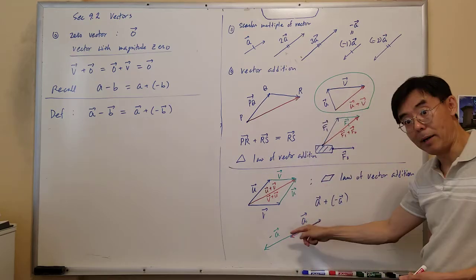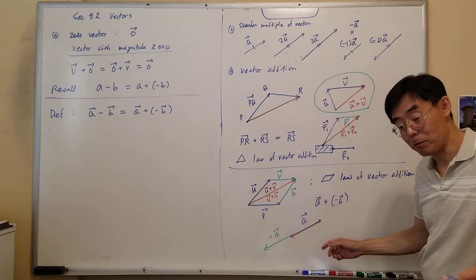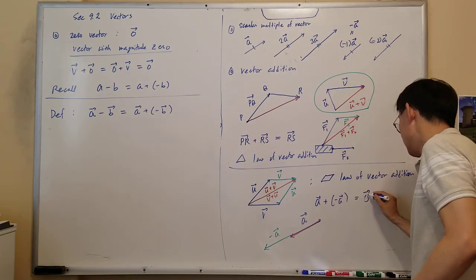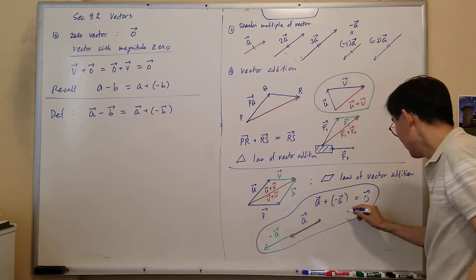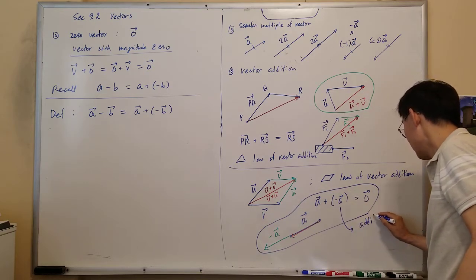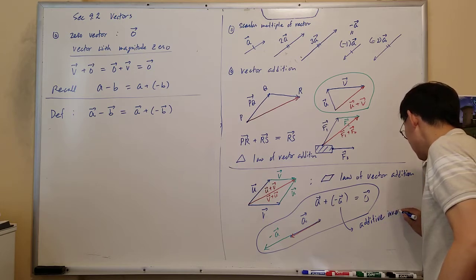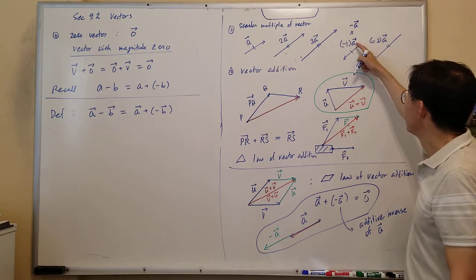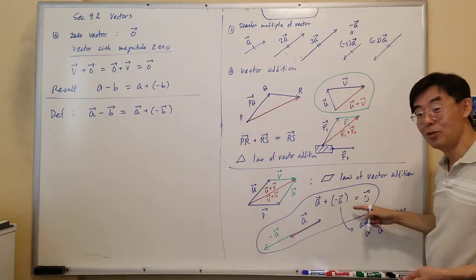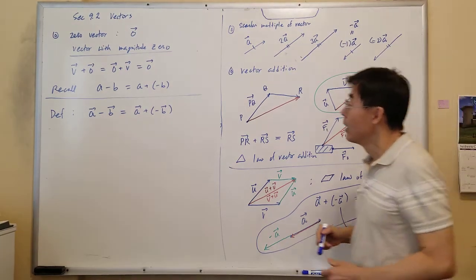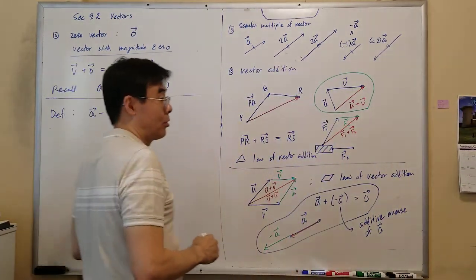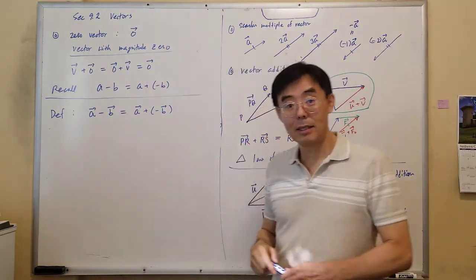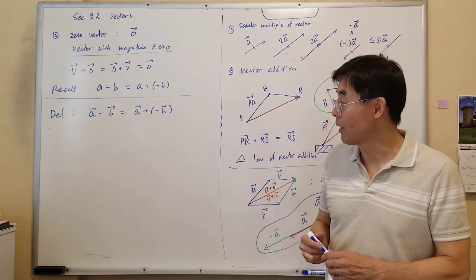So doing it back to back, the so-called triangle law, even though they don't make a triangle, this is the additive inverse of vector A. The reason we wrote it this way is because we already knew this would happen. So just like number subtraction, vector subtraction is defined as addition with the additive inverse of the second vector.